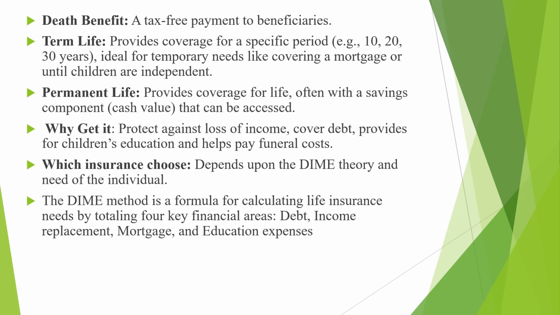Whereas a permanent life insurance goes up to the life of the insured person. Let's say the person buys insurance at the age of 25 or 30, and the coverage is lifetime. So if something happens to him or her at the age of 80 or 90, the money goes to their beneficiary. And it also has a cash value.